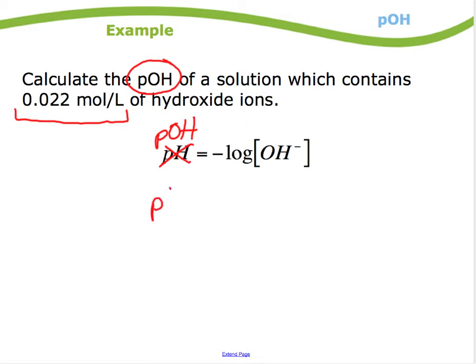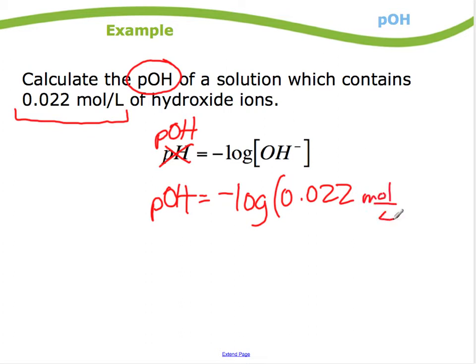All right, so pOH is equal to negative log of my hydroxide ion concentration, which is 0.022 moles per liter. So I break out the trusty calculator, and I go negative log of 0.022, equals.